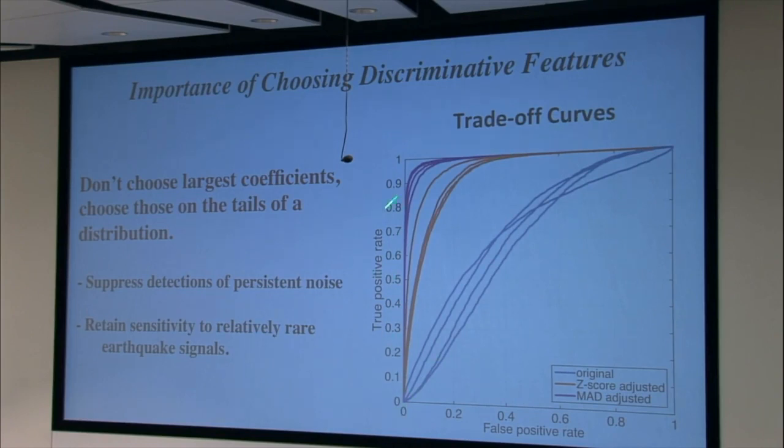And then here we use the median absolute deviation, which is more robust with respect to outliers. And that really cuts down on the number of false positives, which is really important because we want to run this for long times, a decade or more, and we really don't want to have to sift through thousands and thousands of false detections.